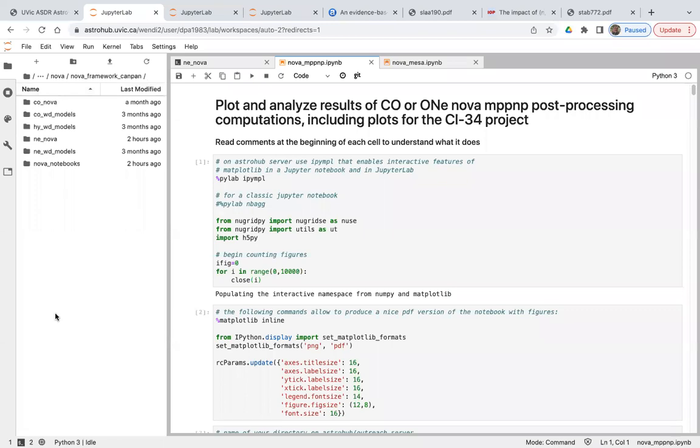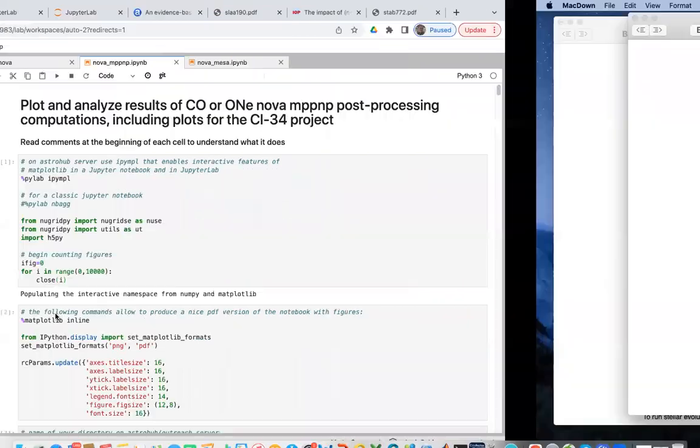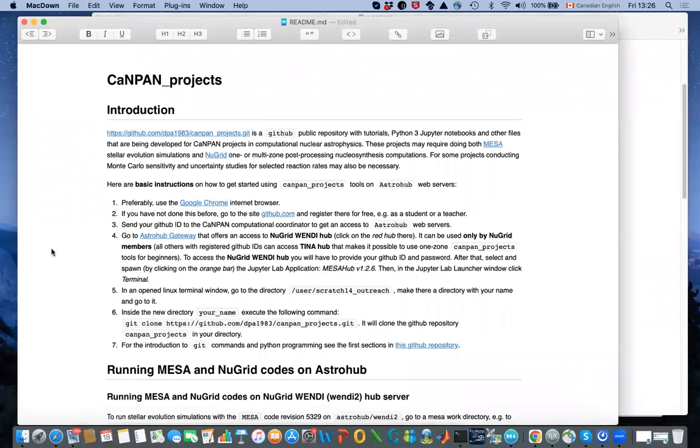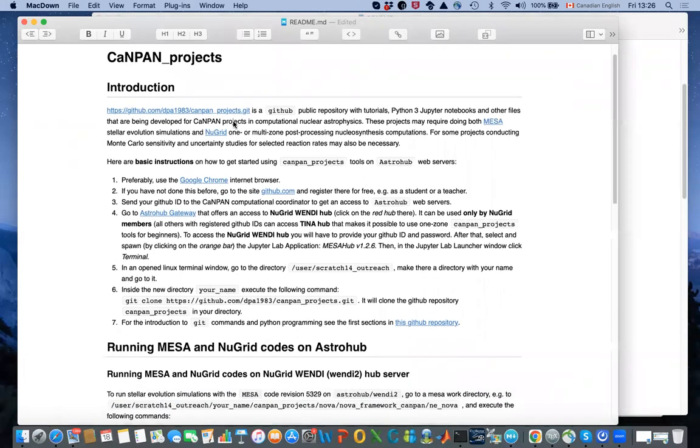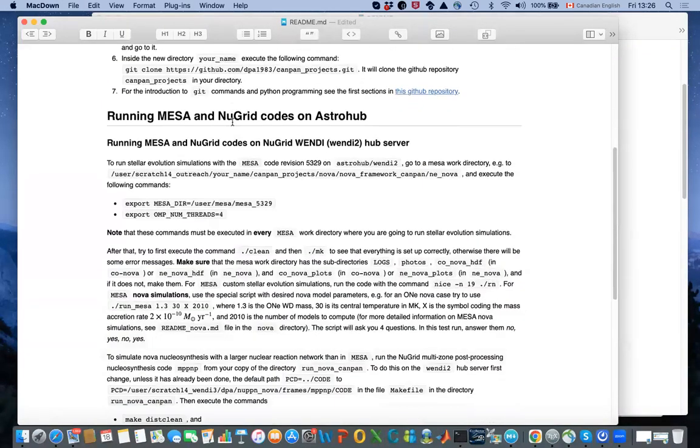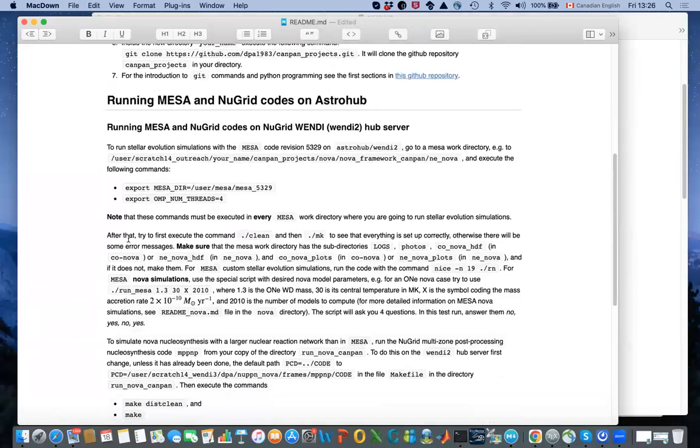I'm going just to demonstrate this because these details are explained in README files in the CaNPAN project directories. First of all, there is a main README file, which is in the parent directory. From this README file, you can read this part, which explains how to run MESA and NuGrid codes on the NuGrid Wendy hub server.